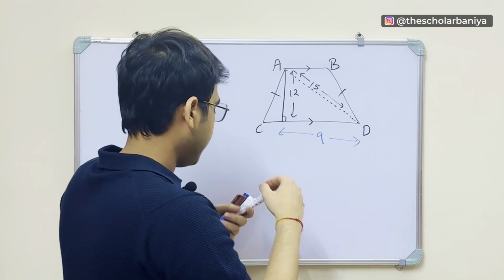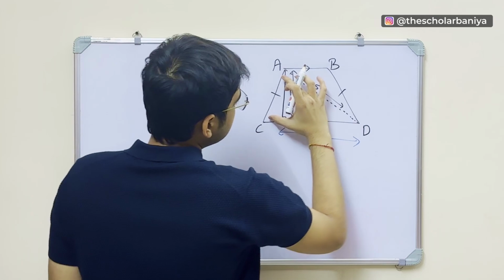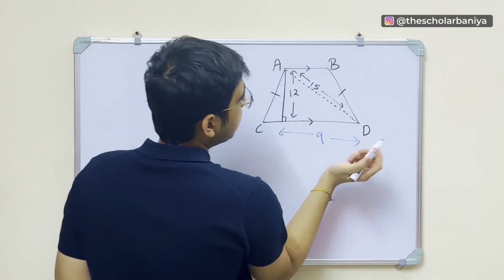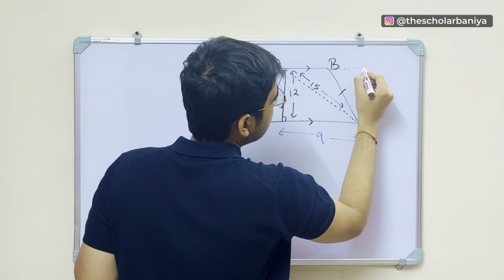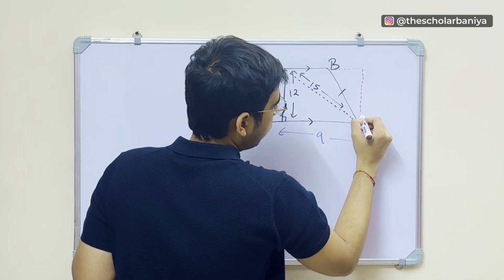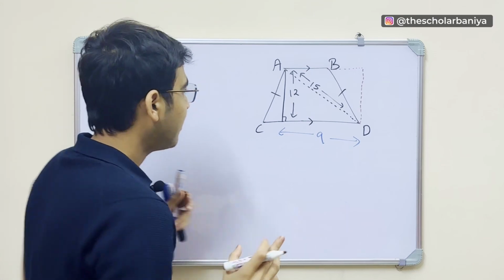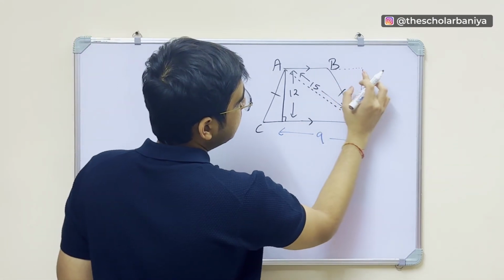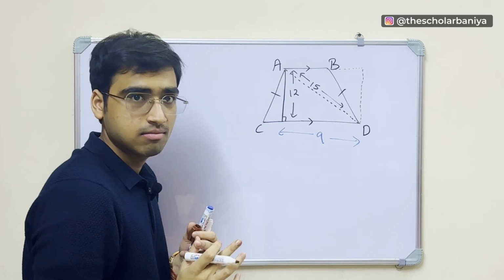Now tell me one thing. If we draw a same triangle over here, for example, if we extend this and we draw this, right? So basically what we did over here is that we extended this to form a triangle which is exactly similar as this, right?